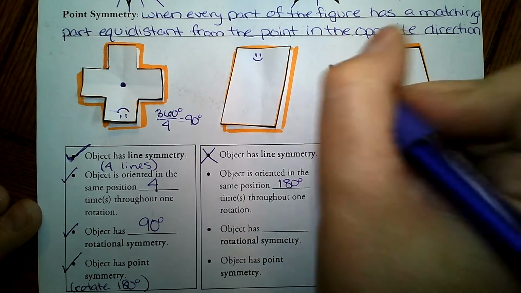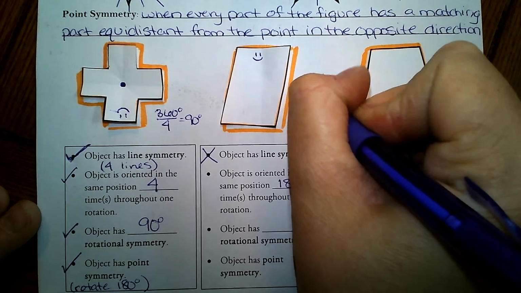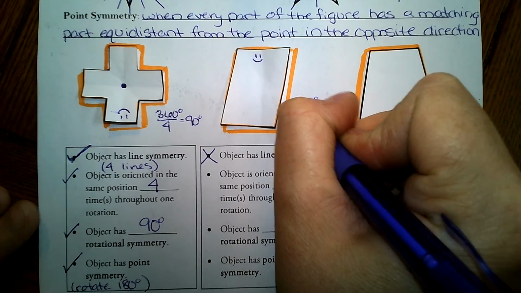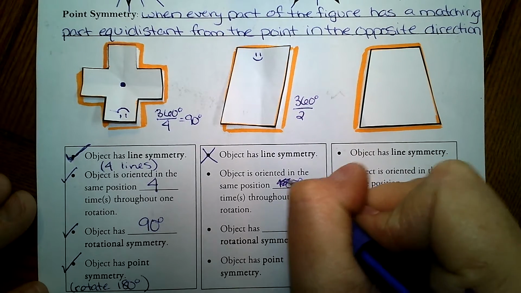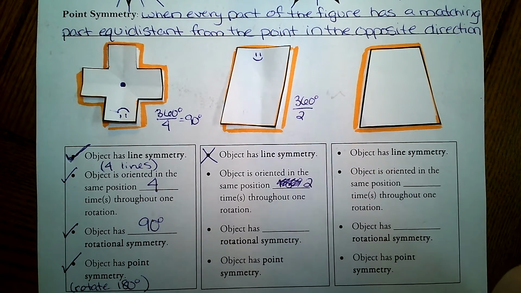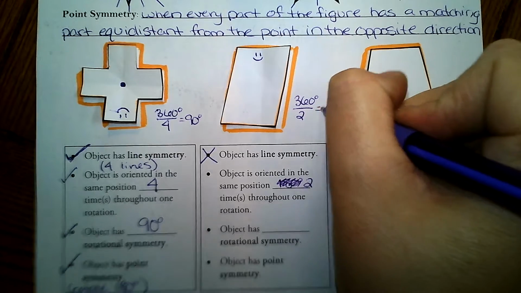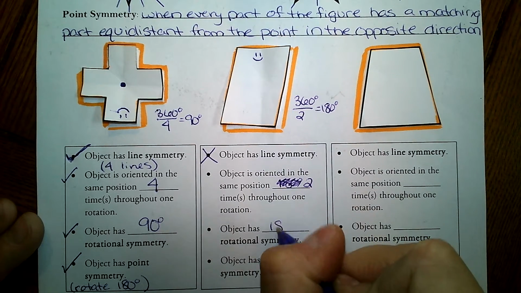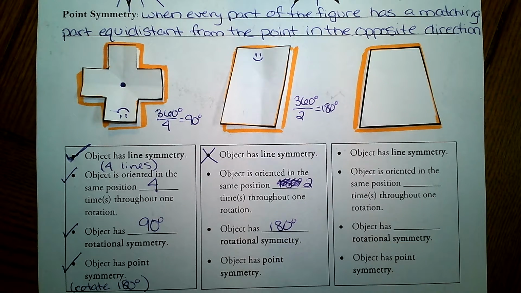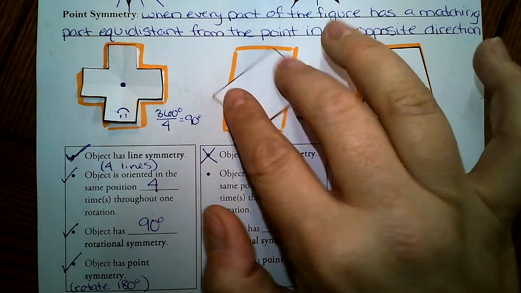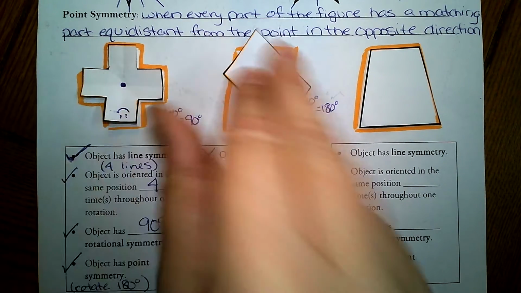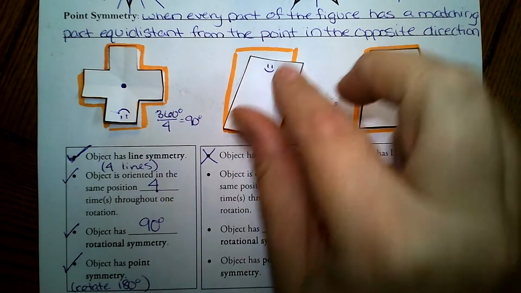Well, if we take our full rotation of 360 degrees, and we divide that by the 2 orientations, we hit every 180 degrees, there is rotational symmetry. Every 180 degrees, you can turn it clockwise or counterclockwise. Of course, that doesn't matter, and it'll fit back onto itself.